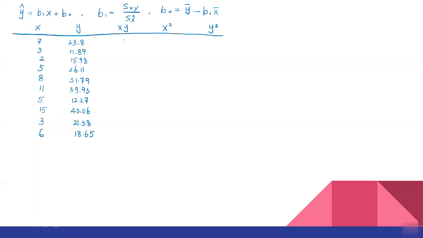These are the data you have already known, right? And then you calculate the product of x and y's, and then calculate x squared.